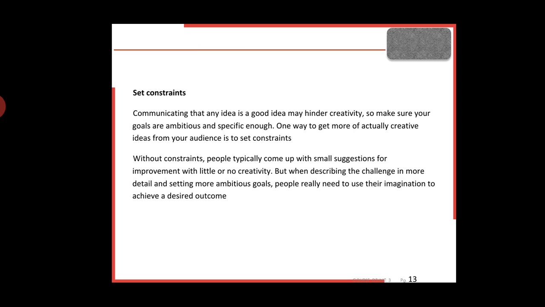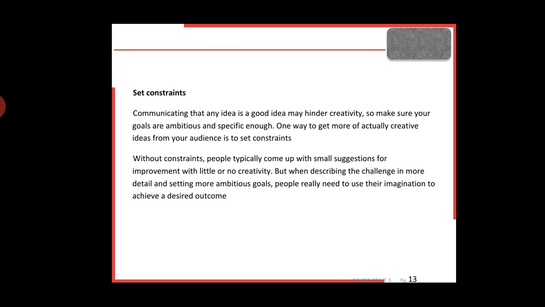Okay, so one way to get more creative ideas from your audience is to set constraints. What I mean to say is, one way to get more innovative ideas from your audience is to set constraints.